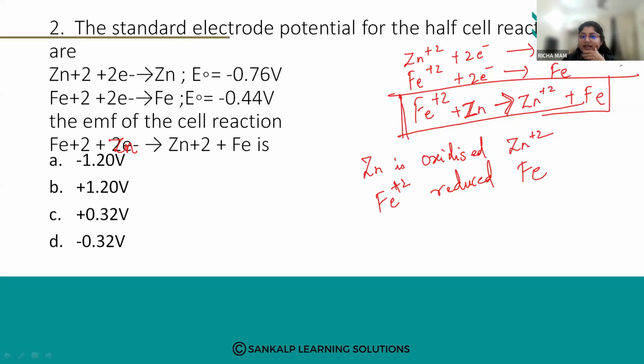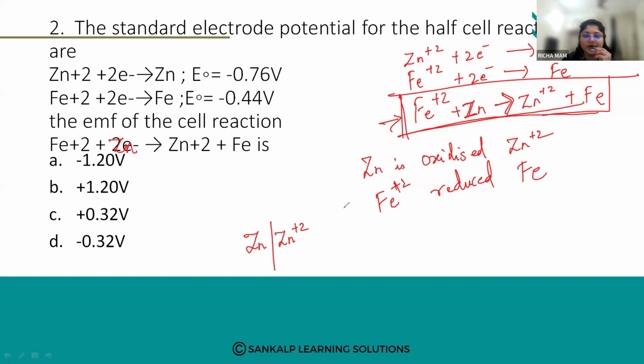So when the complete cell reaction is given, you can tell one is undergoing oxidation and another is undergoing reduction. Zinc is getting oxidized to Zn2+ and Fe2+ is being reduced. If I want to represent this complete cell, it will be zinc dipped in Zn2+.